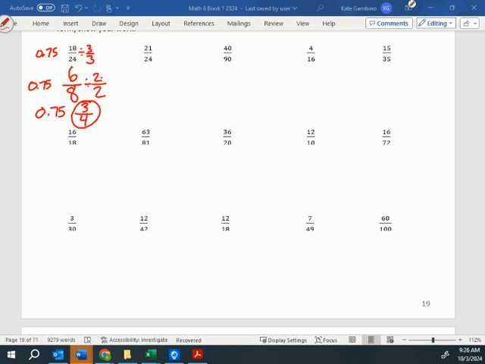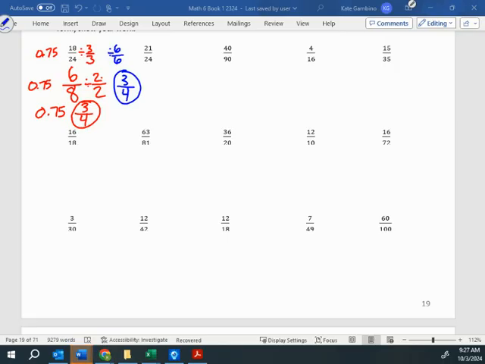Now, sometimes we look at a fraction and we get lucky. We look at 18 and 24 and we say, hey, I can divide out a scale factor of 6. 18 divided by 6 is 3. 24 divided by 6 is 4. I only had to simplify it one time.